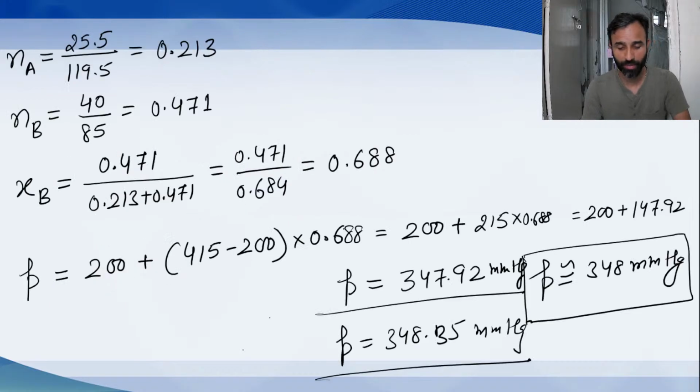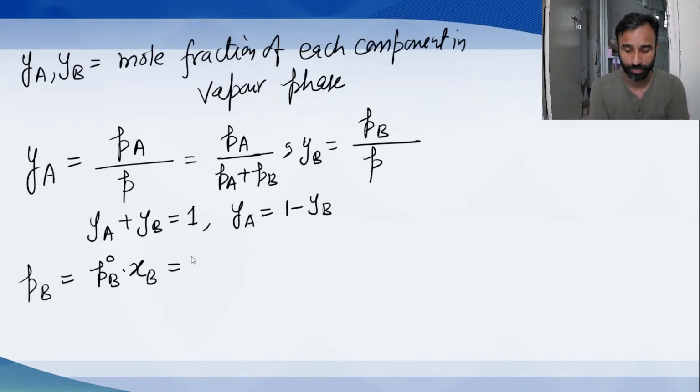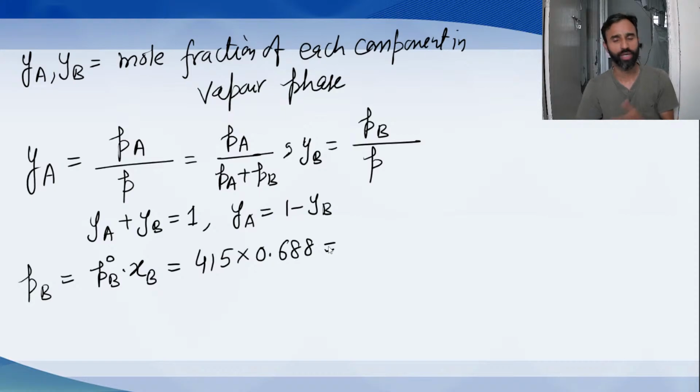So P naught B we have, that is 415, and XB it is 0.688, or you can take 0.69. So 415 into 0.688 is 285.52.